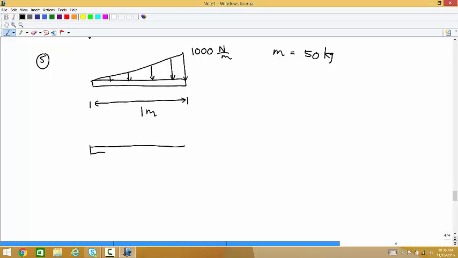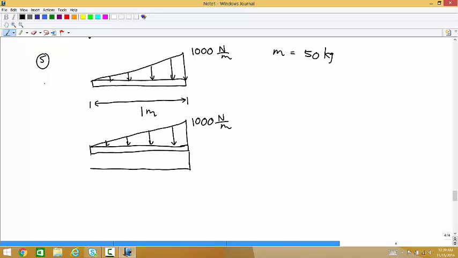So we'll rewrite that. So we have the triangular distributed load. I'll just put that on top. The weight is 50 kilograms divided by 1 meter times 9.81. So we have another distributed load, like that.